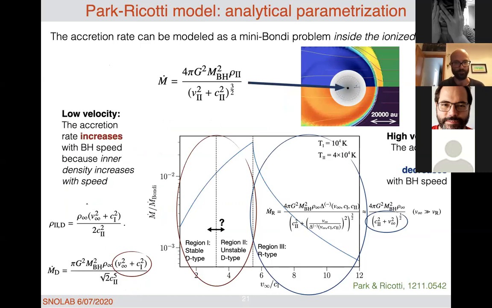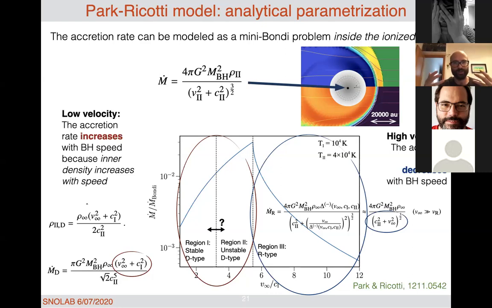Actually, you see the two regimes. The two regimes correspond, as I mentioned before, to the two different types of ionization front that you can have: the D-type ionization front for low velocities, and the R-type ionization front for high velocities. So in particular, the nice feature is that for low velocities, you have an accretion rate that increases with speed.